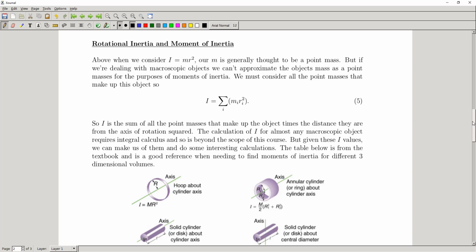And so I really ends up being the sum of all the point-like masses that make up this object times the radius squared that each point-like mass is from the axis of rotation, right?